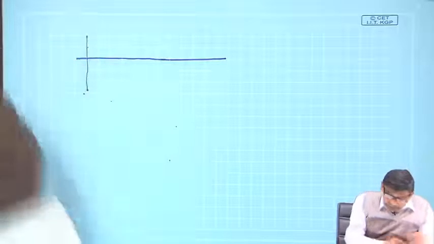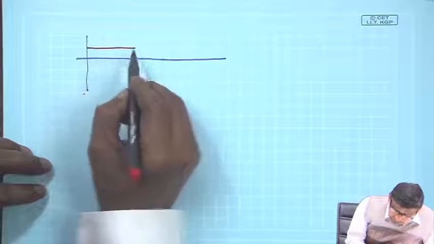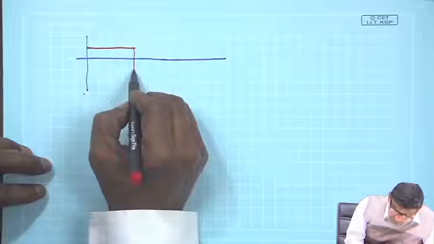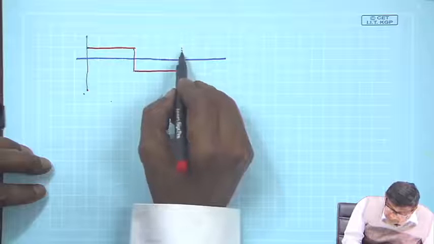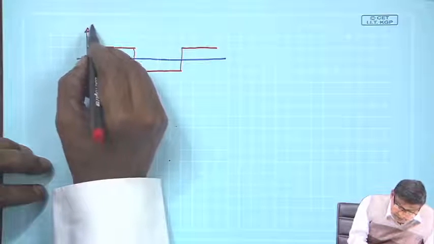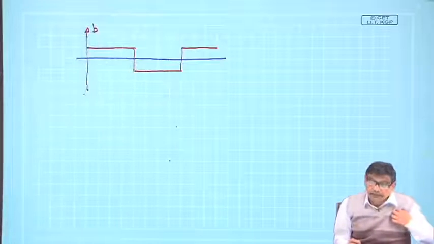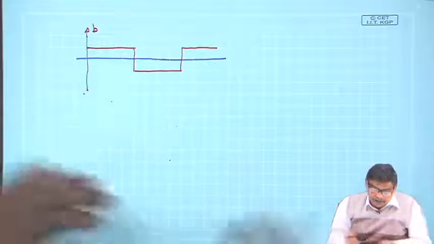Suppose your B distribution is 1, 2, 3, 4. Suppose this is your B distribution, and I am talking about two conductors separated by a constant distance and moving.